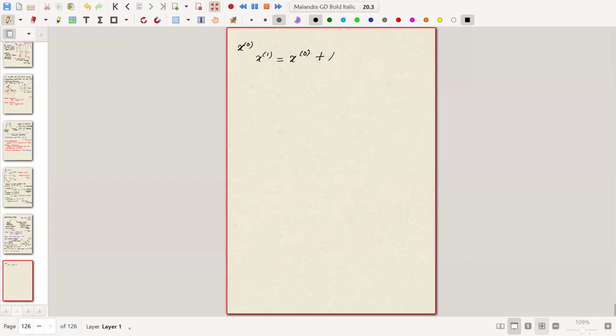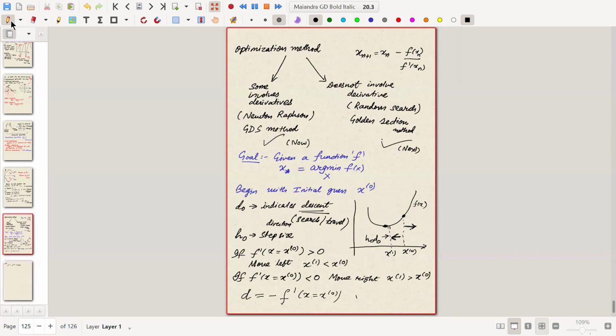So you can intuitively think of it as h naught and d naught. If you multiply those two quantities, you are taking into account all the things.